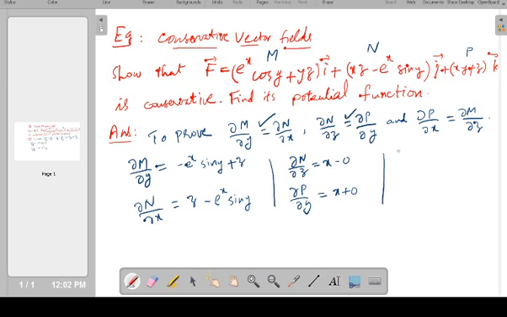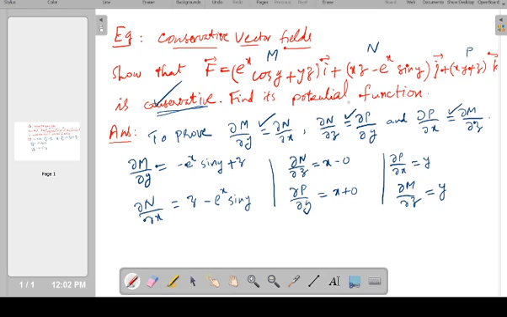And finally, dou P by dou x equal to y, and dou M by dou z is again y. So they are equal. So this proves that F is conservative. So this is done.